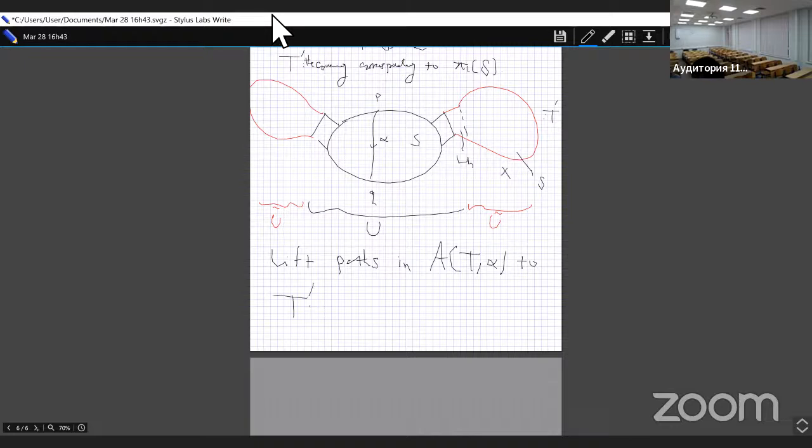So take a path which is homotopic to alpha and lift it to T prime. And call this space, and put everything into a set and call this... just as a notation, A prime of T alpha is the set of all of these lifts.